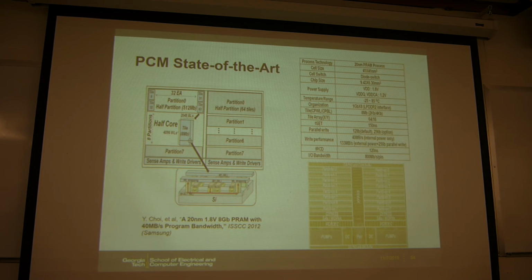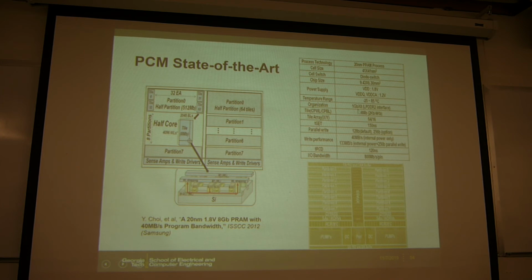Samsung already had an 8 gigabit chip at that moment. So the key enabler is the selector. Intel and Micron could enable the two-layer structure using the selector. I think that was a breakthrough because Samsung here could only do one layer with a PN diode as a selector.